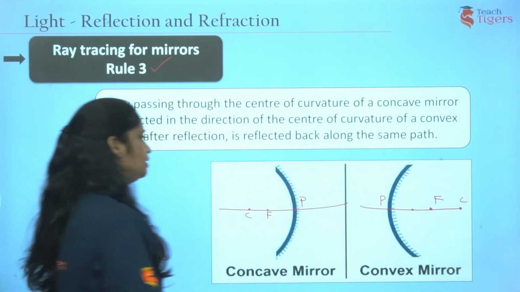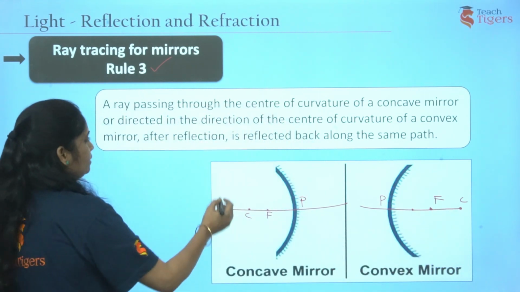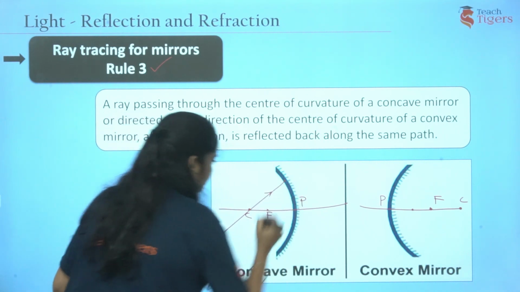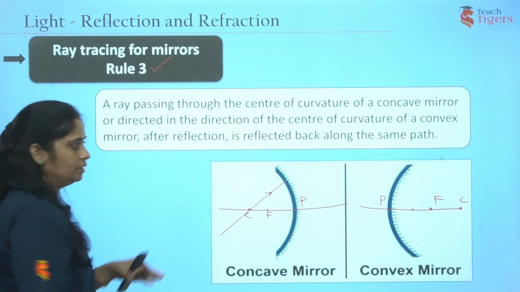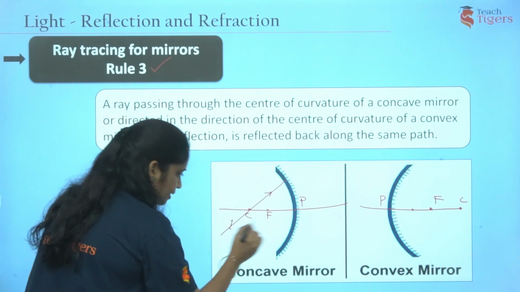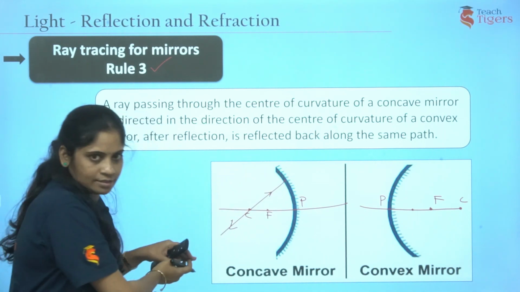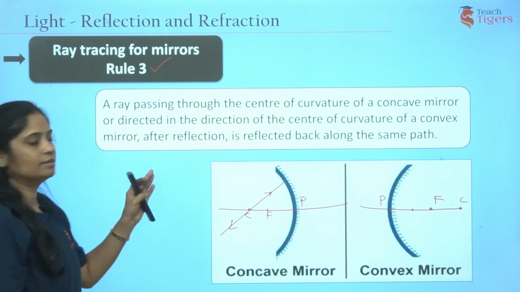Now if you see here, if a ray is incident passing through the center of curvature, it just retraces its path. That means the reflected ray just reverses its direction and follows the same path. Okay, so this is rule 3.